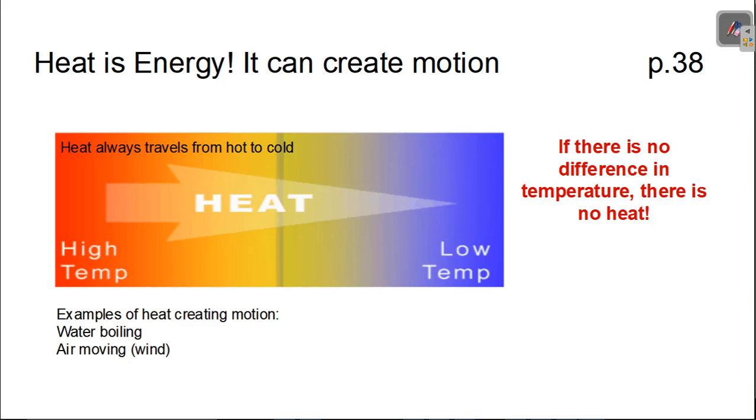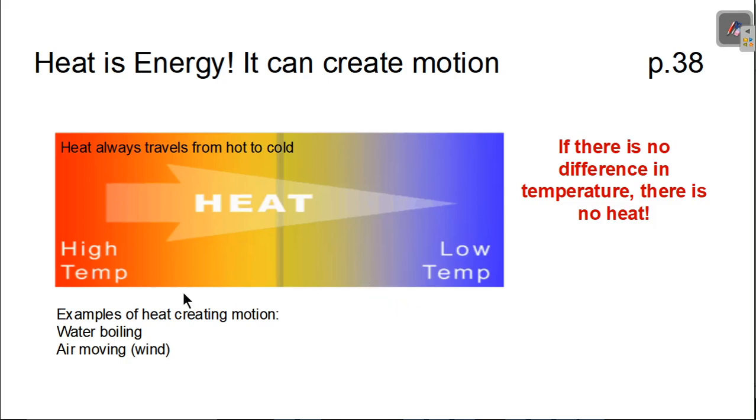You already know, for example, that air masses, when they create wind, are moving from a high temperature to a cool temperature, and they are moving, creating those winds. So it's a little bit like that. Think about heat as movement from a high temperature to a low temperature. If there is no difference, there is no heat transfer.